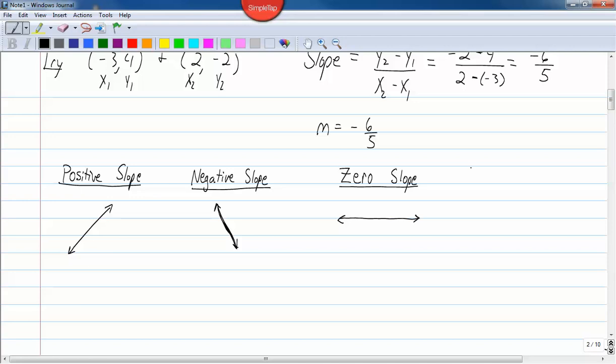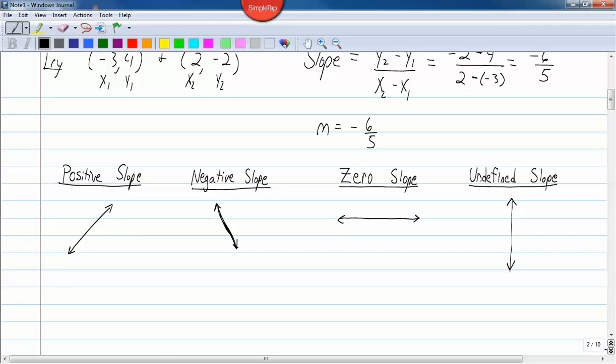And then we say we have an undefined slope if we have a vertical line, a line up and down. So like these walls here, we don't really say that the wall has a slope.